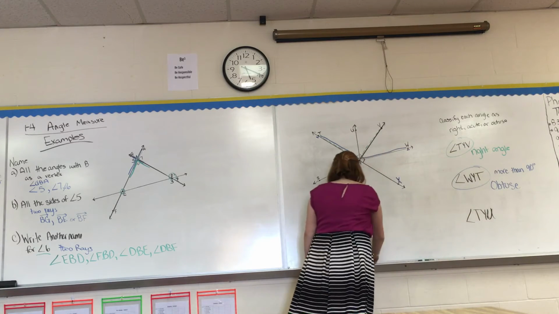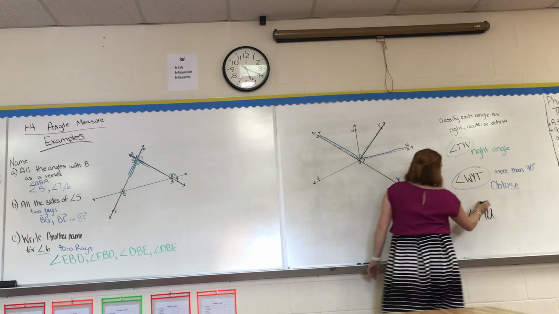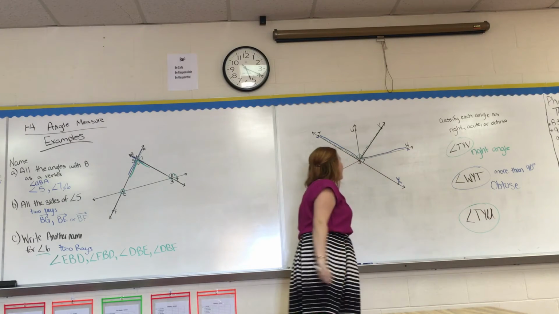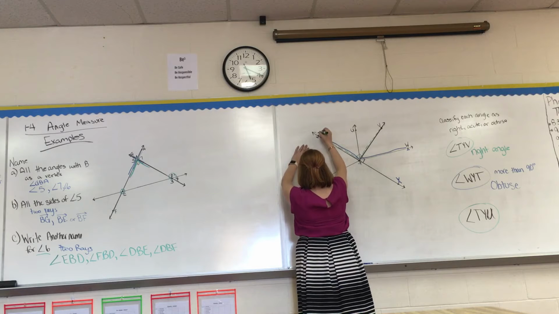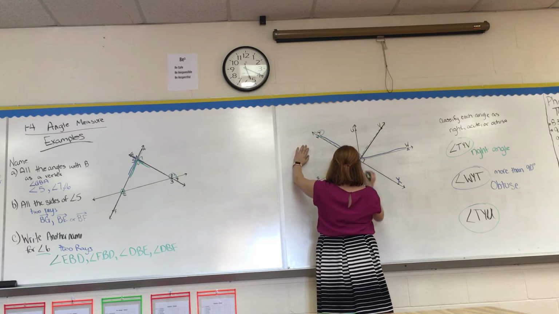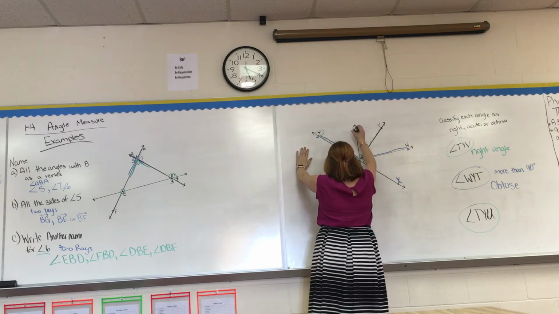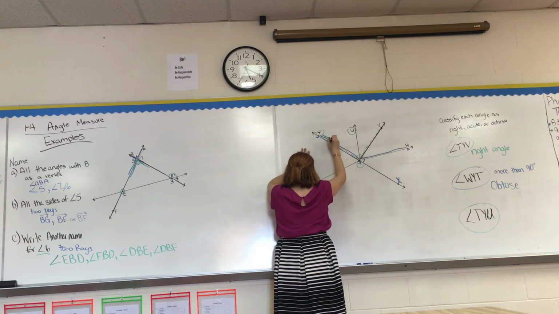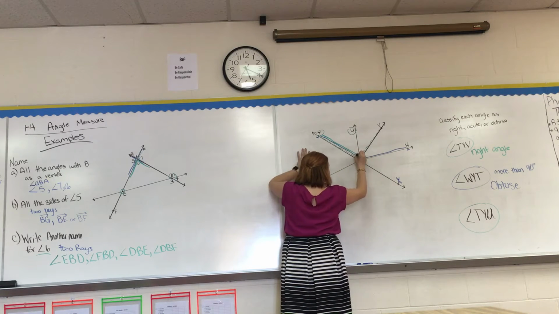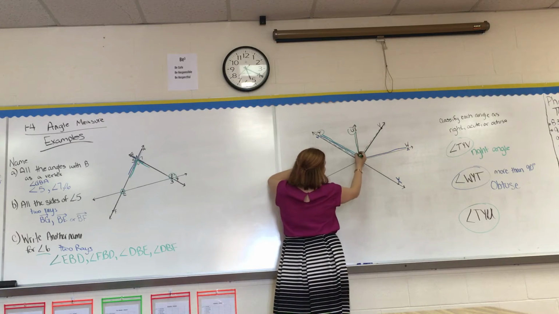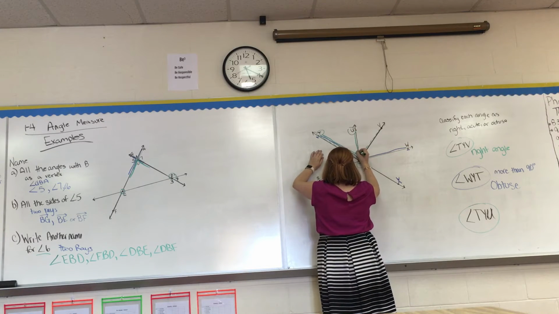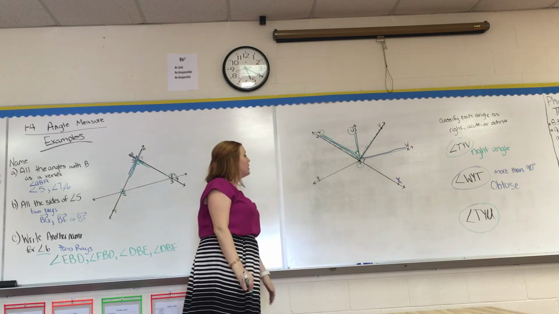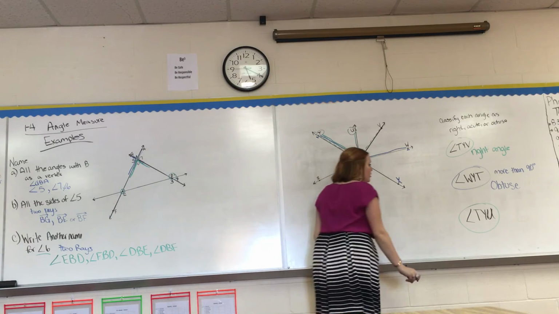Okay, the last one. I'm going to do in green again. We have TYU. So we have T again, Y again, and U. I'm going to do a solid line, T to Y, up to U. Now what does this line look like right here? Bigger or smaller than 90 degrees?